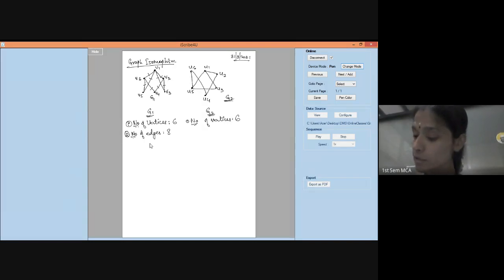Here let me see in G2 whether we have 8 edges. 1, 2, 3, 4, 5, 6, 7. Is that all? I think I missed something there. Let me check. Wait a minute.